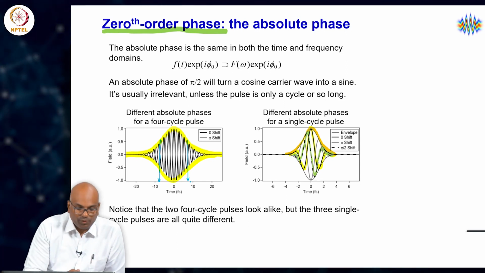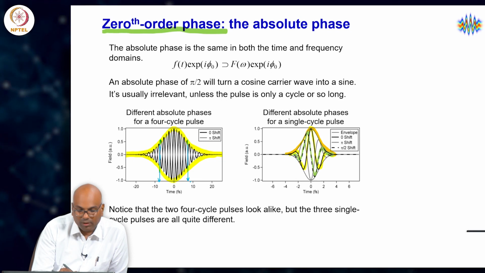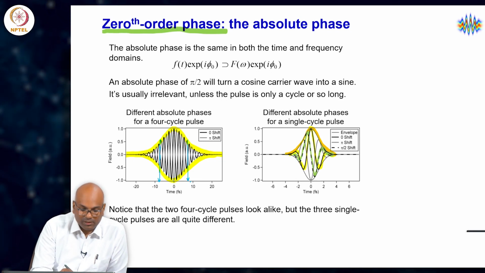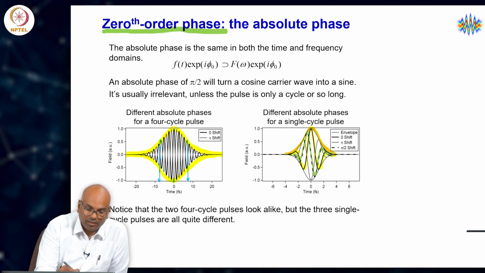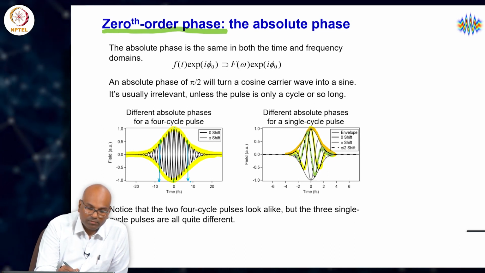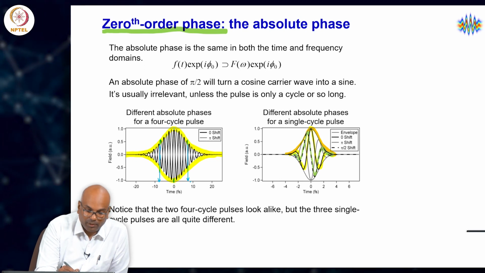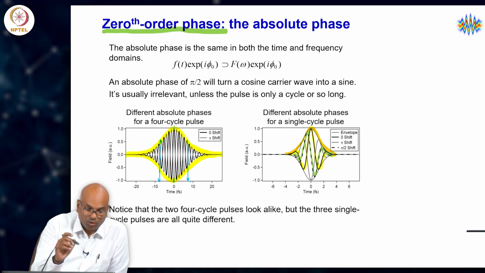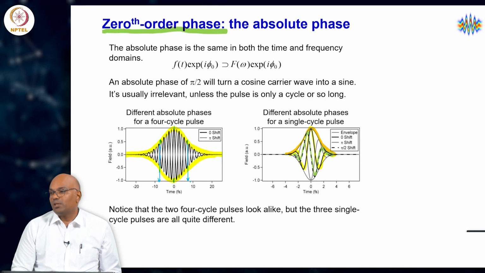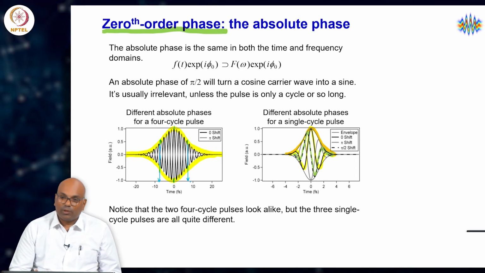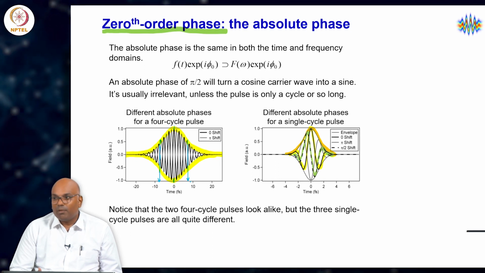Although, if you peer into it, you can say that, look, in one of the pulses, the maximum of the carrier and envelope is on the so called positive field side and the other is on the negative field side. But what is positive and negative? These are just arbitrary in definition.